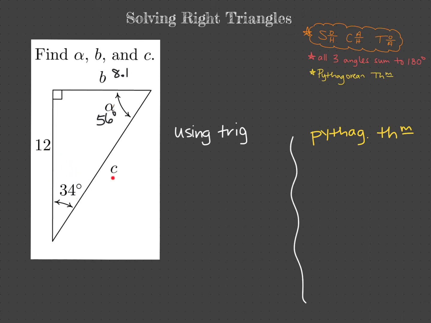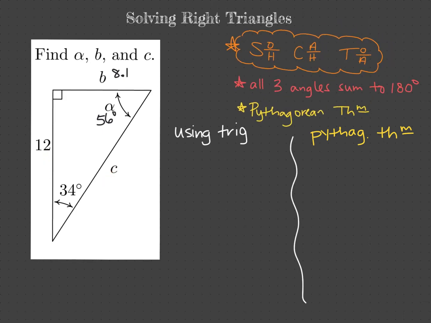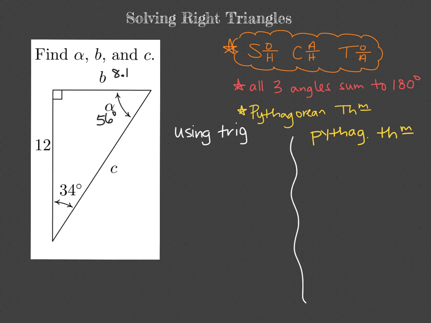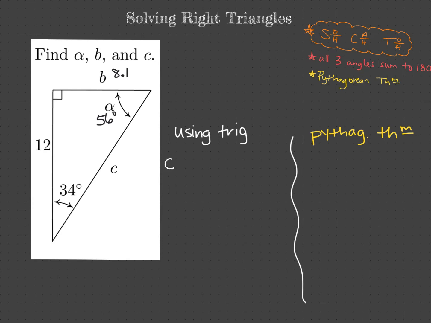Let's use 12 and C from the 34-degree angle. From our 34-degree angle perspective, 12 is the adjacent side length and C is the hypotenuse. Out of SOH, CAH, and TOA, which one deals with the adjacent and the hypotenuse? That's cosine. So we have that the cosine of 34 degrees equals our adjacent 12 over our hypotenuse C.